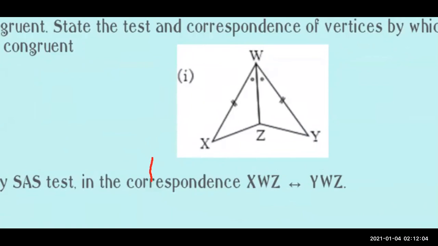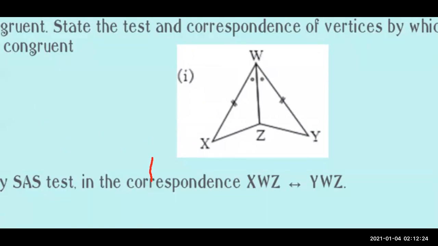See, W, X, Z, that is one triangle. Or you can write X, W, Z. And another is W, Z, Y. There are two triangles that are joined.